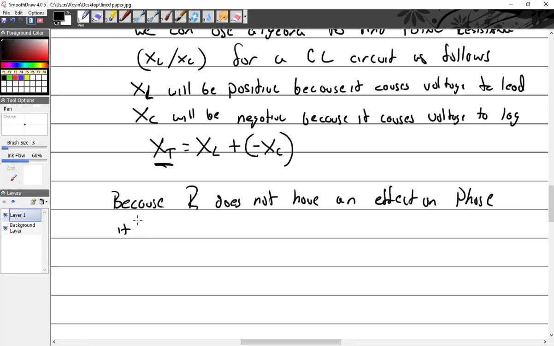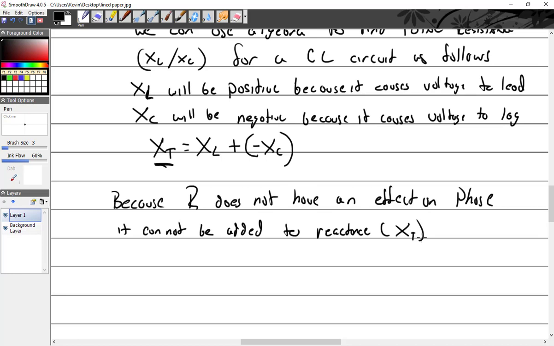It cannot be added to reactance, which is X total. Right? It doesn't work that way. So how are we going to factor in resistance?